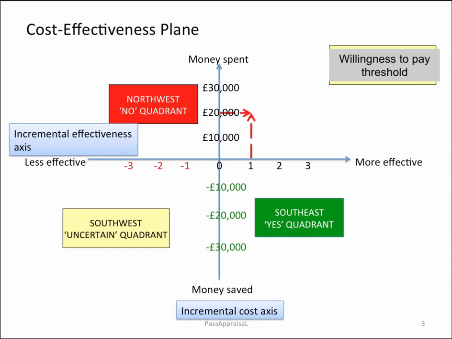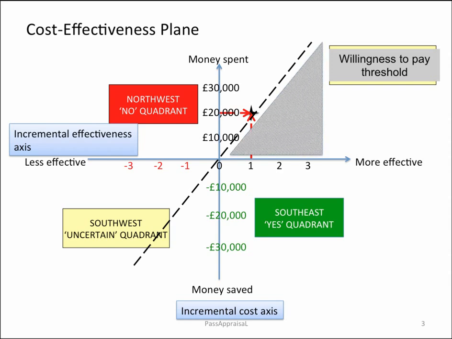Let us assume that your hospital is willing to spend up to £20,000 in order to achieve a gain of 1 QALY among depressed patients. This is shown by a point that corresponds to the values 20,000 in y-axis and 1 QALY in x-axis. A line connecting the point of intersection of the x and y-axis and the willingness to pay threshold can now help us to reduce the uncertainty.